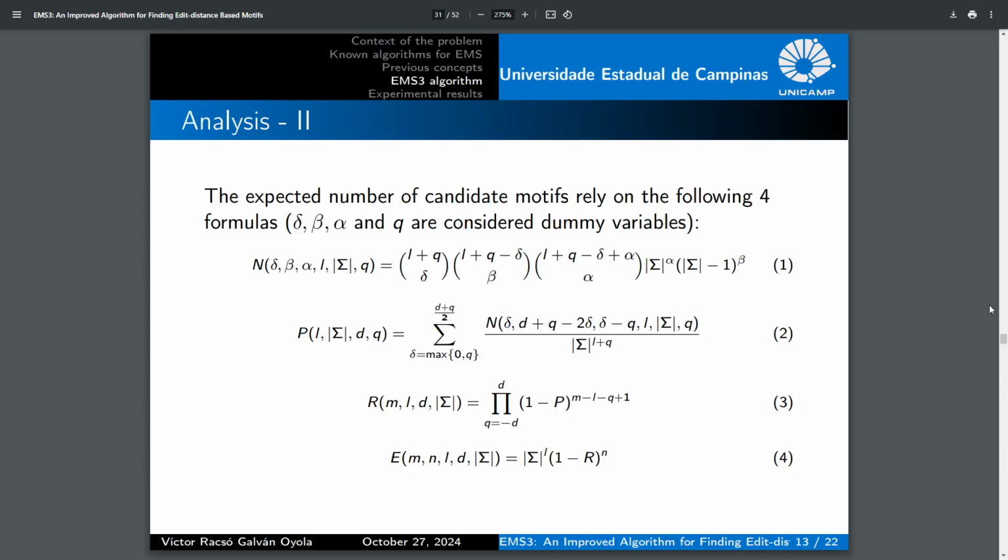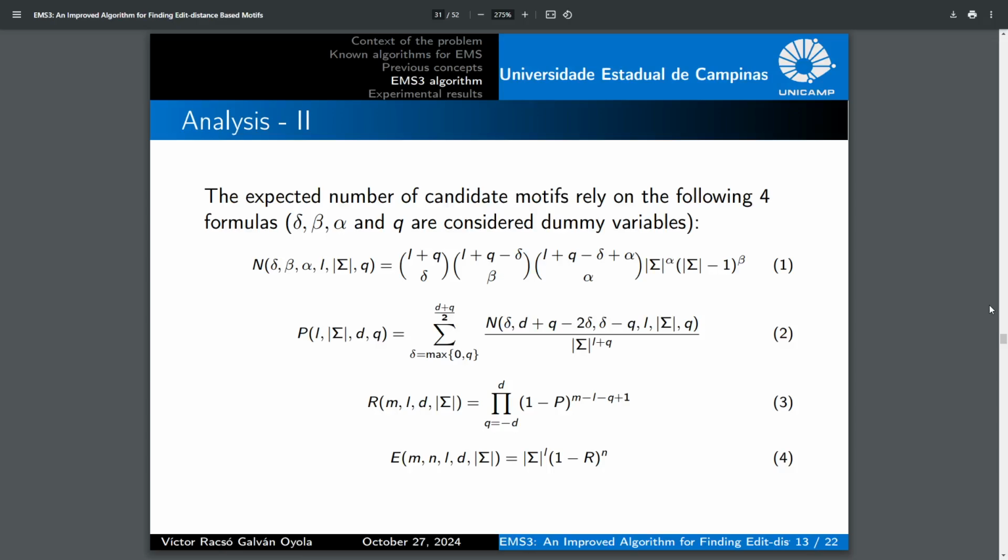For the part of balancing, we're going to base it on the expected number of candidate motifs. Notice that our goal will be that the expected number of candidate motifs is exactly the same as the exact number of motifs, or at least the expected number of motifs in this case.